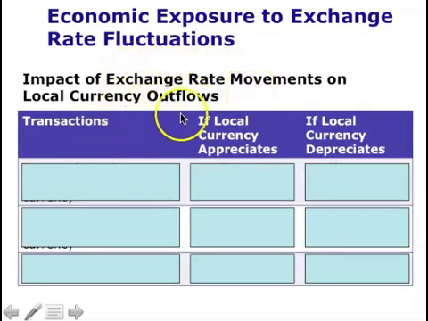Here we talk about outflow. Outflow means when we buy foreign products, or we have an international transaction, or maybe we pay interest on our borrowings. So we have to get involved in this kind of outflow.